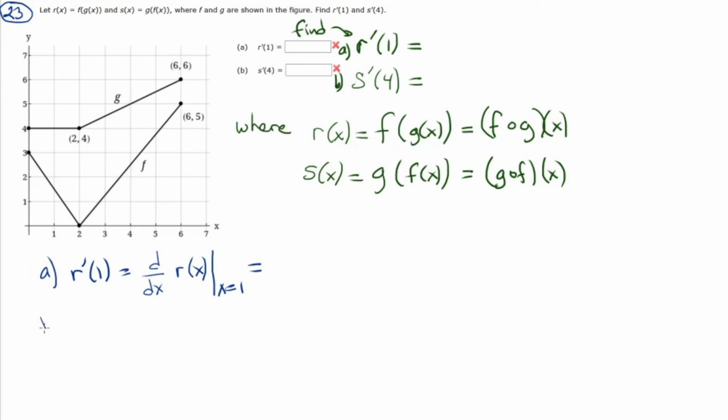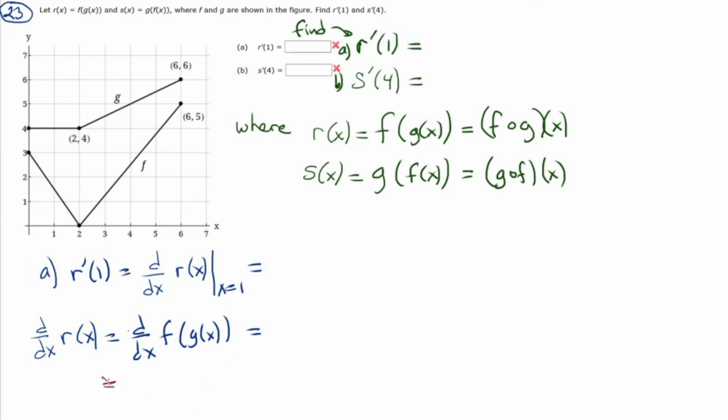So the derivative of r of x is the derivative of f of g of x. And that's the chain rule. So I hope you're not thinking product rule. This is not the product rule here.